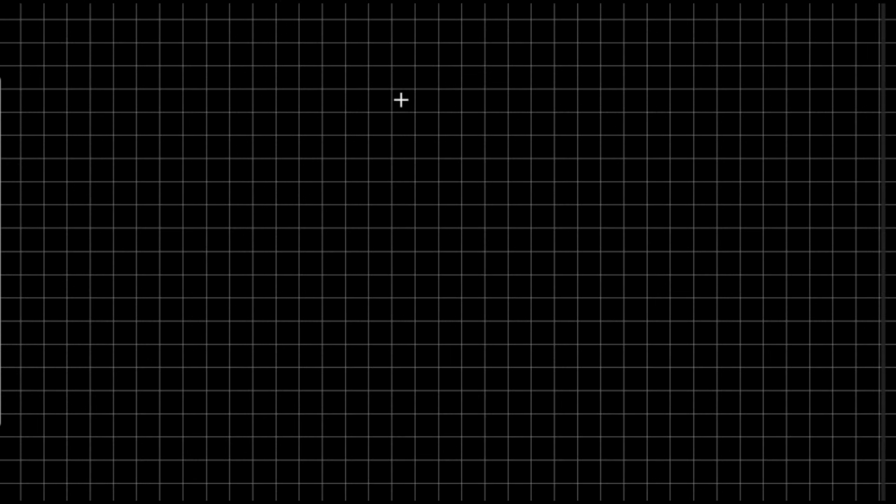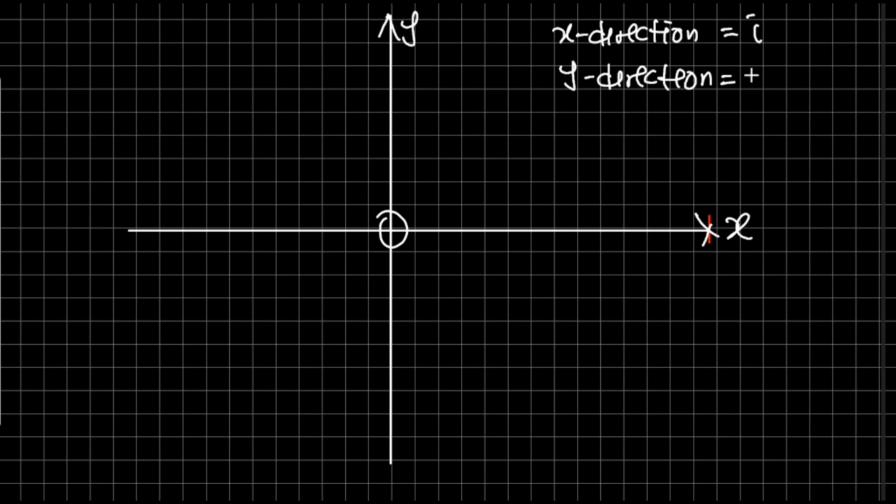Okay, so we can describe a vector using the Cartesian coordinate system, the x and y axis. Okay, so the x-axis is also known as the i direction, and the y direction is called j.